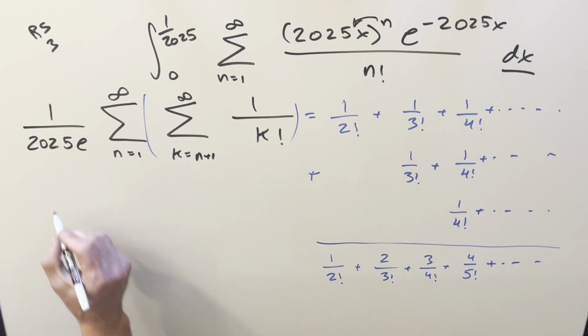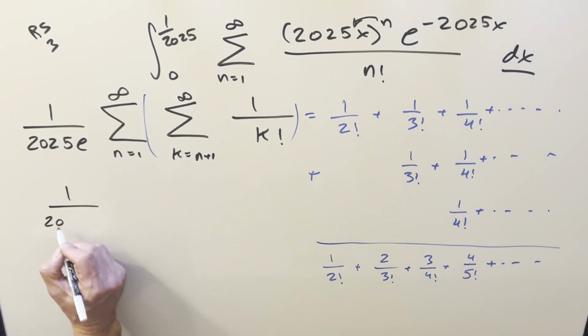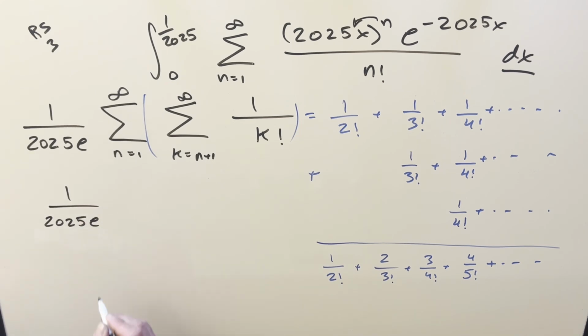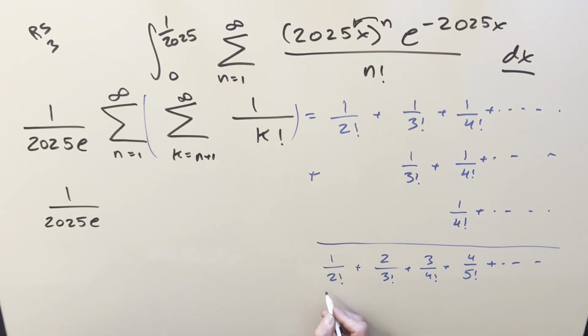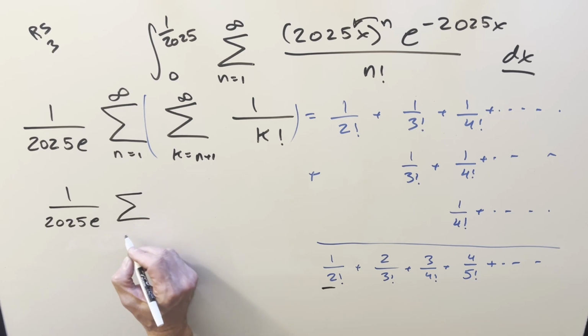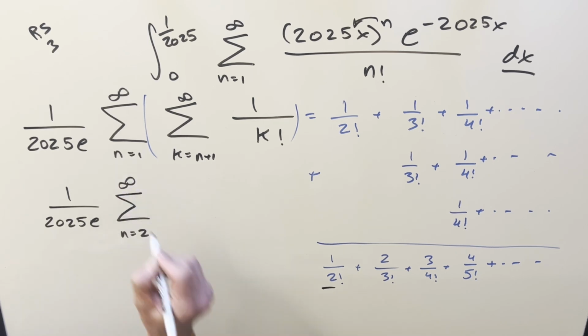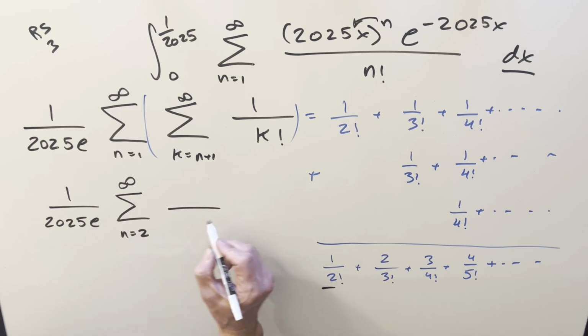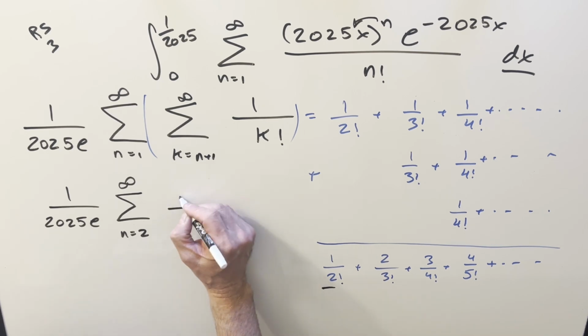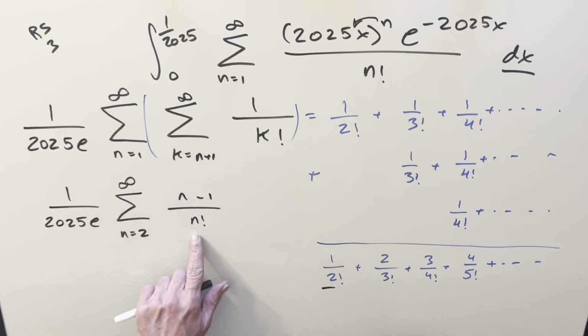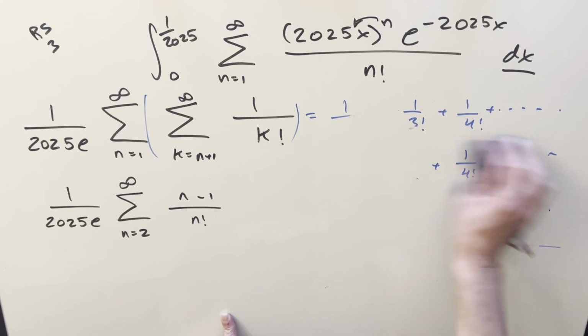So it turns out I can just summarize this. We'll still have the constant out front, 2025e. For this sum, let's start at 2. So we'll sum from n equals 2 to infinity. The denominator is just going to be n factorial, and in the numerator we've got n minus 1.